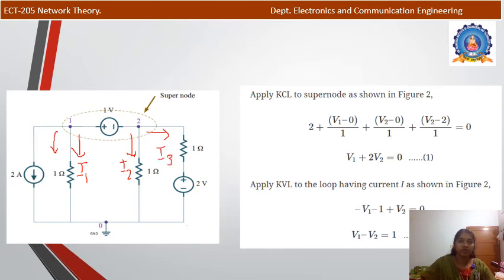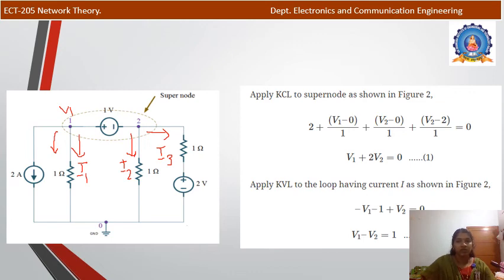So 2 plus I1, which flows from V1 to ground, is V1 minus 0 by 1 ohm, plus I2, which is V2 minus 0 by 1. And I3 is V2 minus 2 by 1, since there is a 2 volt source there and it is not at ground potential. The sum equals 0. So we get the equation V1 plus 2V2 is equal to 0.